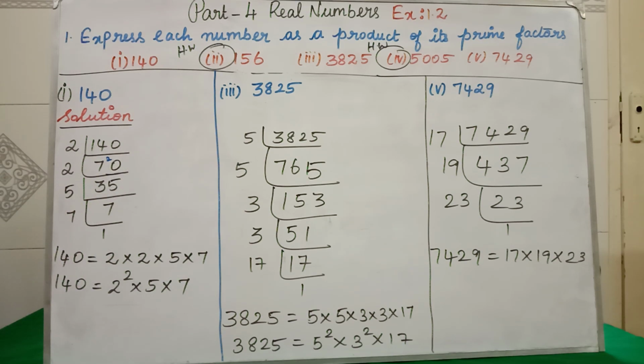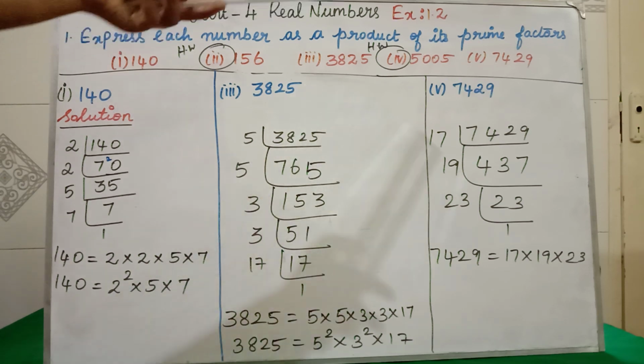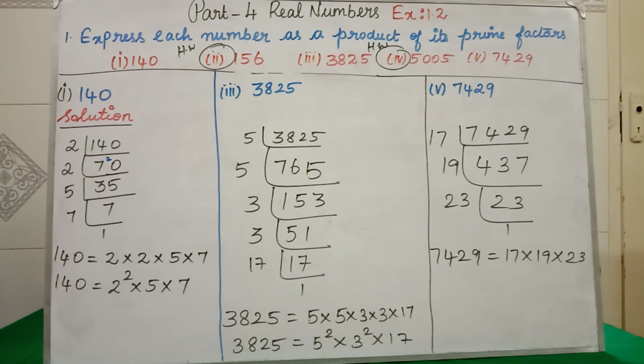On the side you have to use only prime numbers: 2, 3, 5, 7, 11, 13, 17, 19, 23. Clear? Because the question says to express as a product of its prime factors.